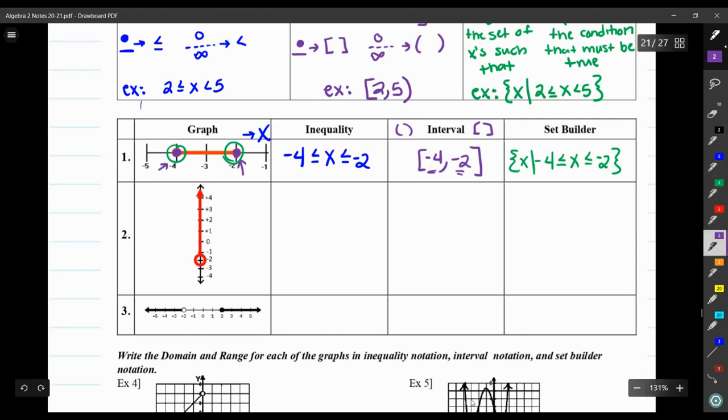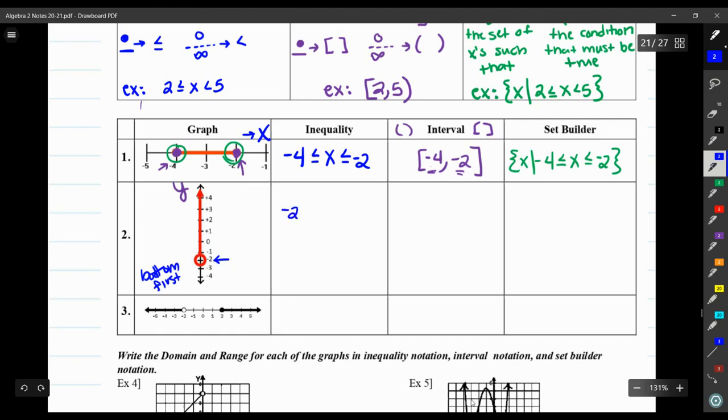So for this guy, since he's vertical, this would technically be y's. Since he's a vertical number line, this would be a y axis. And so let's do the inequality notation first. So again, the lowest number on a y-axis is actually the bottom first. Smallest numbers for y-axis is on the bottom. So their low number is -2.